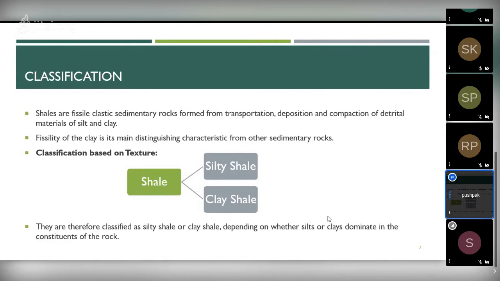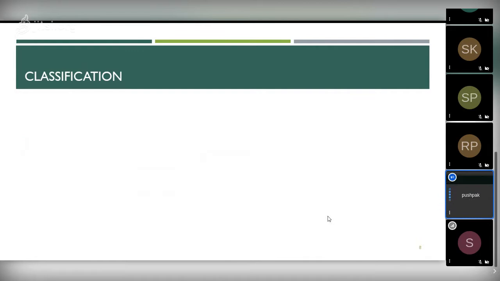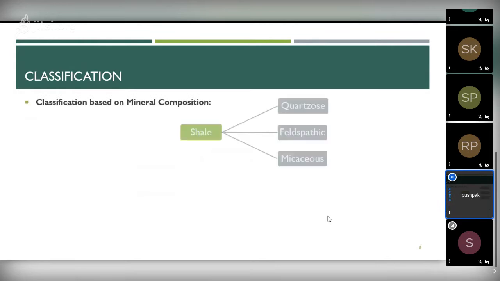Sometimes shales may contain an appreciable amount of sand, in which case they may be called sandy shale. Next is classification based on mineral composition. Depending upon the predominance of minerals, shale is classified into three: quartzose, feldspathic, and micaceous.